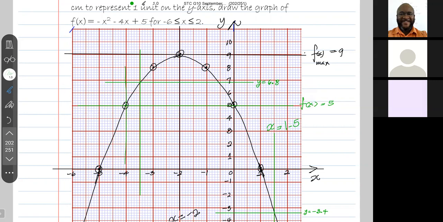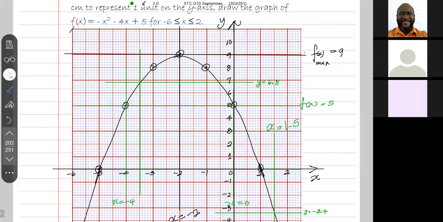It meets the graph here and here. It meets the graph where x is minus 4. So this is x is equal to minus 4. And here where x is equal to 0. So this is x is equal to 0.